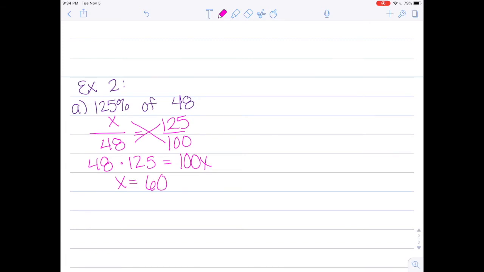So that means 125% of 48 is actually 60. Let's try another example while we got this idea in our heads. Okay, part B says, 15 is what percent of 60?